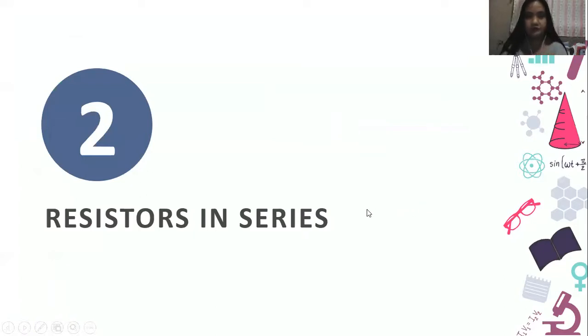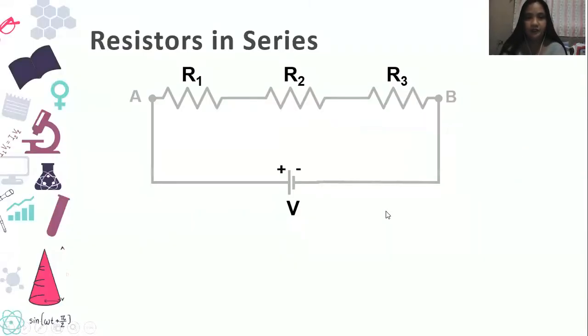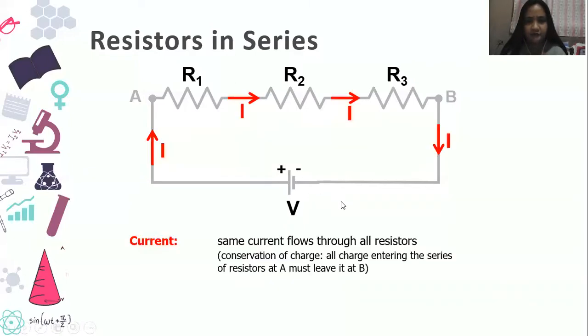So what are resistors in series? Again, we just used the figure we had a while ago. So it's R1, R2, R3. Often we'll be connecting them to a voltage source, let's call that V. If we get another value, which is current, it says the same current flows through all resistors.